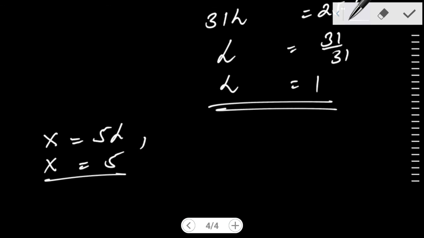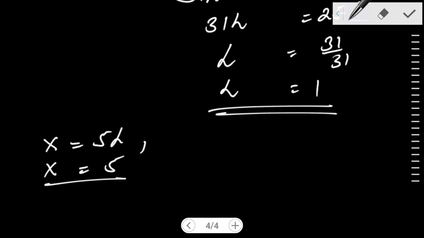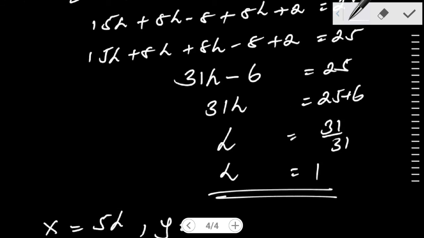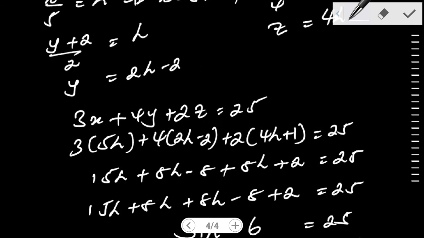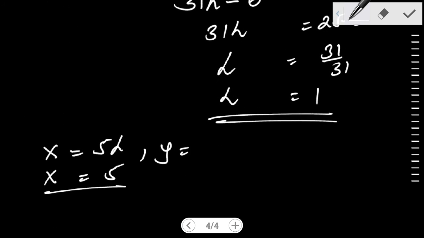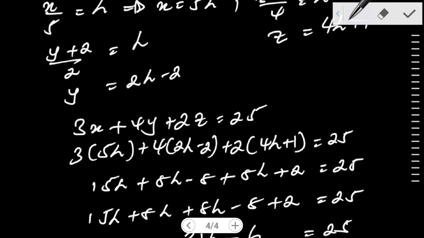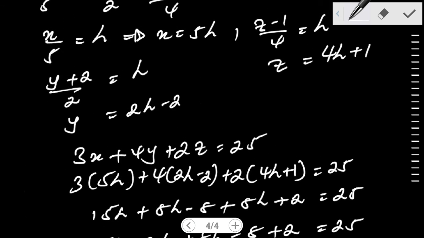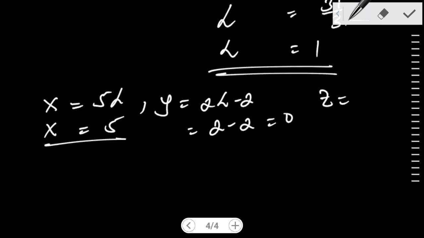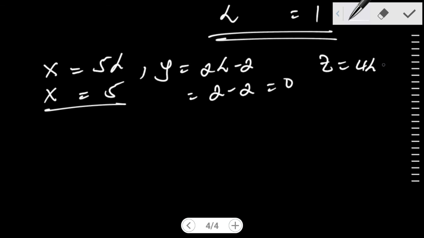At the same time, y was 2 lambda minus 2, so this would be 2 minus 2, getting us 0. Now, z was 4 lambda plus 1, so this would be 4 plus 1, which is 5.